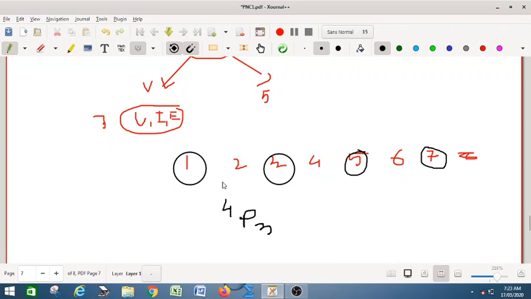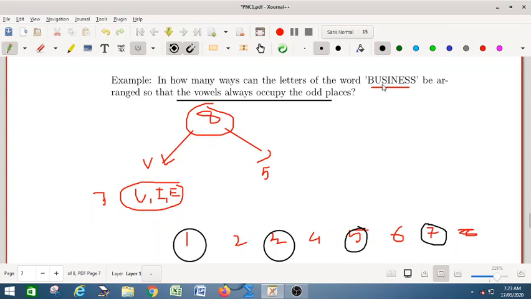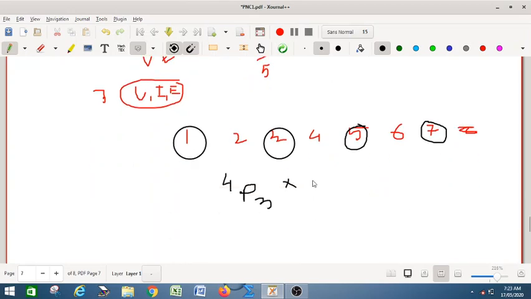4P3 is the number of ways of placing vowels in the 4 odd places. Now for the consonants you have 5 places, and out of these 5 consonants there is a repetition of 3 s's. So how many ways can you arrange the consonants?